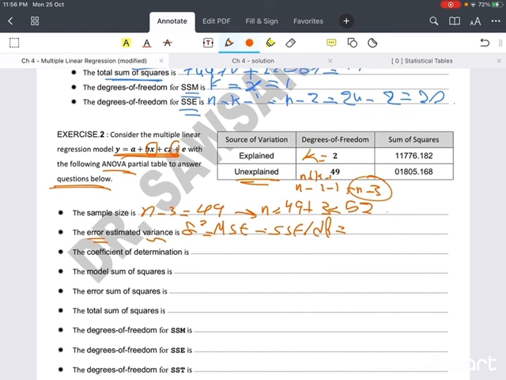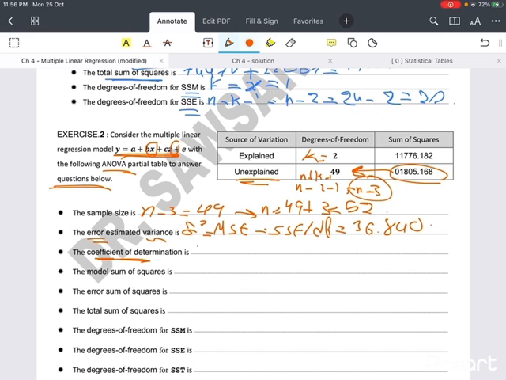Sum squared errors over this, you can calculate it and find the answer. The answer will be 36.840.